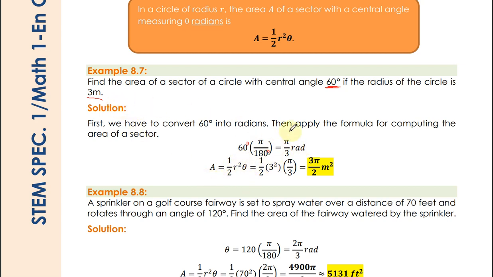Then plug in the given. So we have 1/2 r squared theta, that is equal to 1/2 times 3 meters, the radius of the circle, squared, multiplied by the central angle, which is pi over 3. So the result there is 3 pi over 2 meters squared. Since it is an area, our unit should be square.